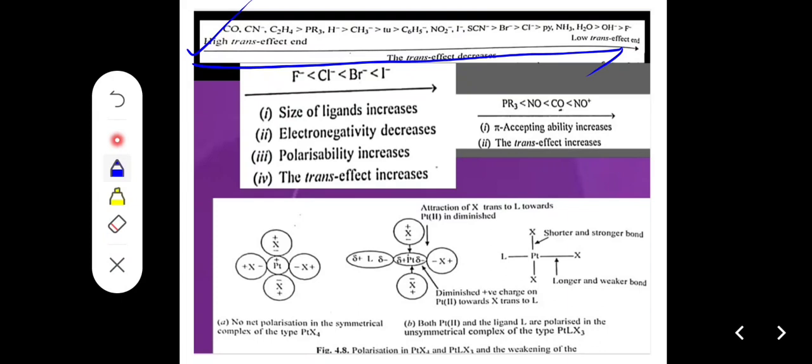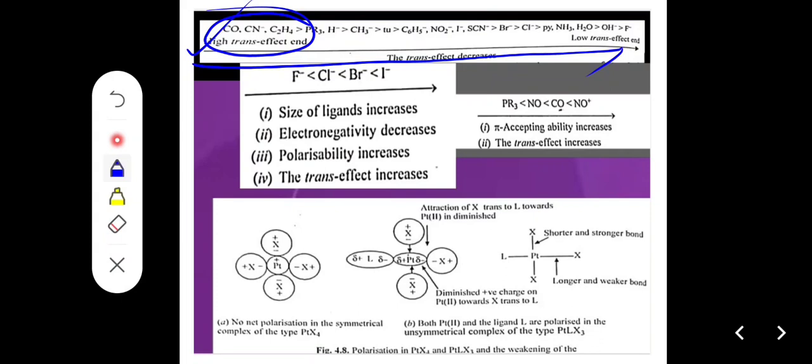Trans effect decreases along this series. CO, CN minus, C2H4 are pi acceptor ligands, so they have a high trans effect because when their pi acceptance is high, they produce a stronger metal-ligand bond. So due to this, they always make their trans ligand loosely bound to the metal.